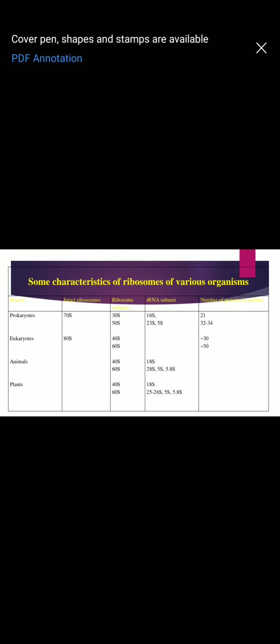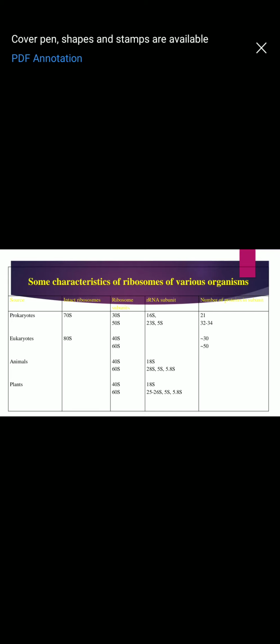We can say this as 20, and the larger subunit has 33 proteins, so the total is 53. We have not changed it yet, but we have studied it because this is research work. In case of the eukaryotes, we have the 80S intact ribosome.